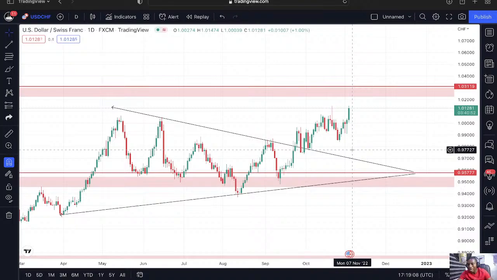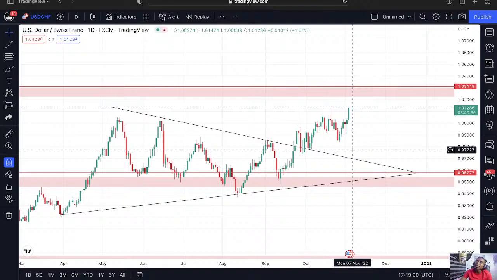All right, the higher time frames. But when you are more of a short term trader, like a retail, let's say an intraday trader, then you want to look at the 4 hour, 1 hour, and daily time frames.